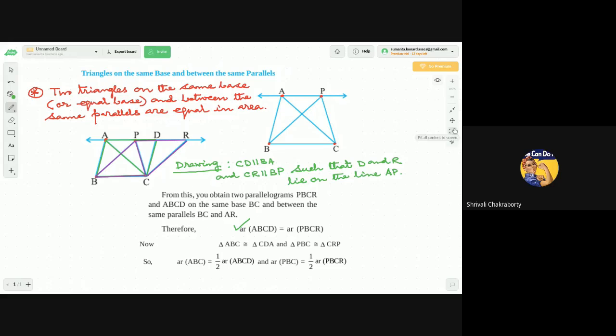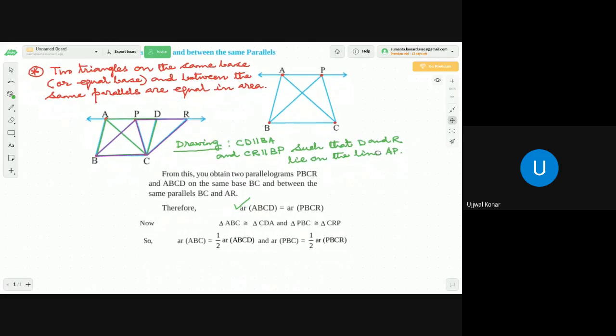Yes, sir. So from there, we can say that the area of the triangle ABC is equal to the area of the triangle PBC, correct?